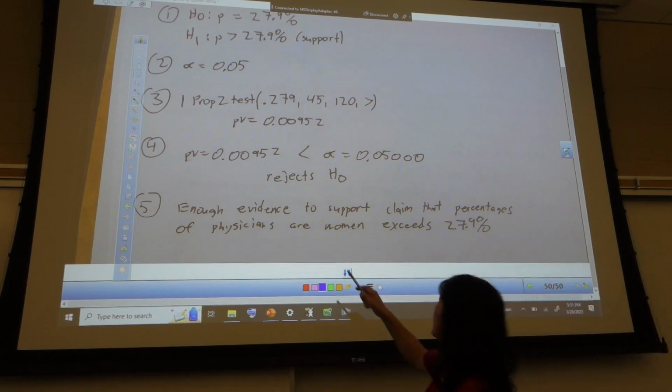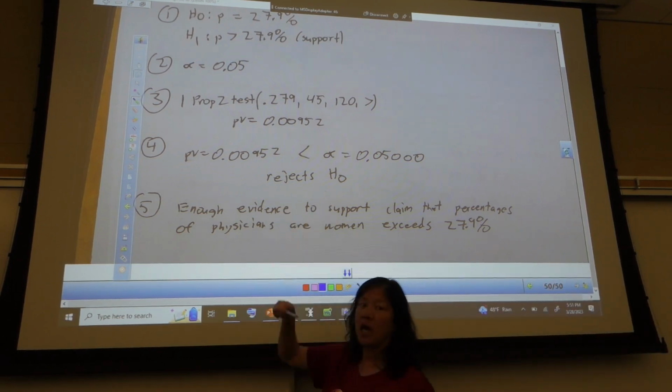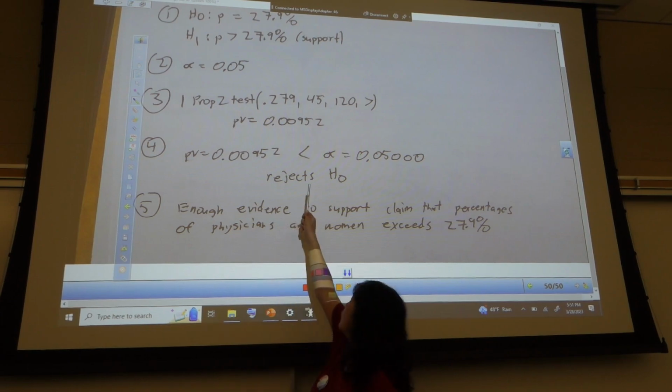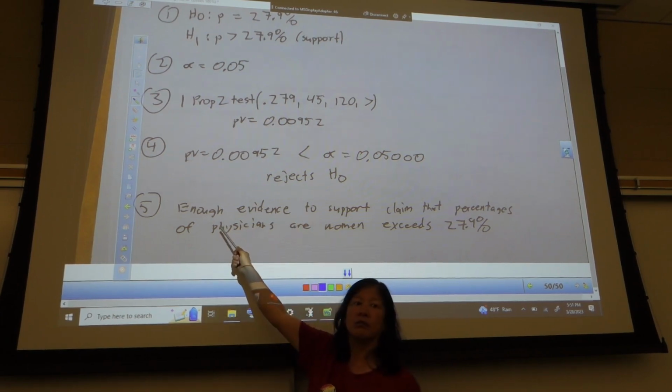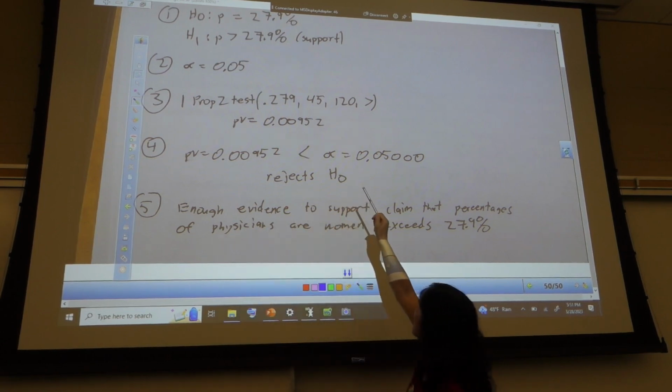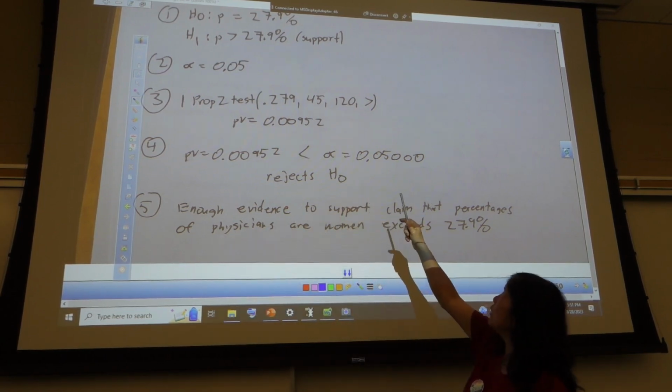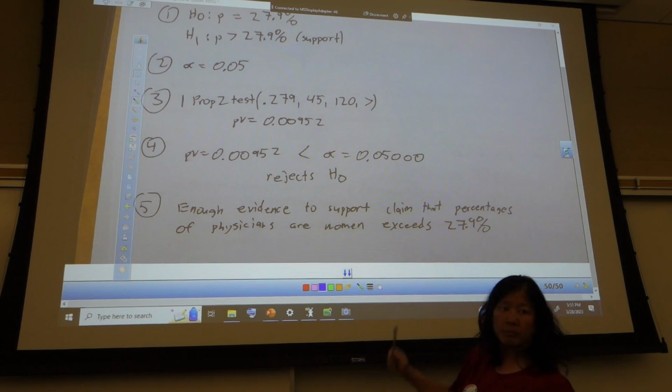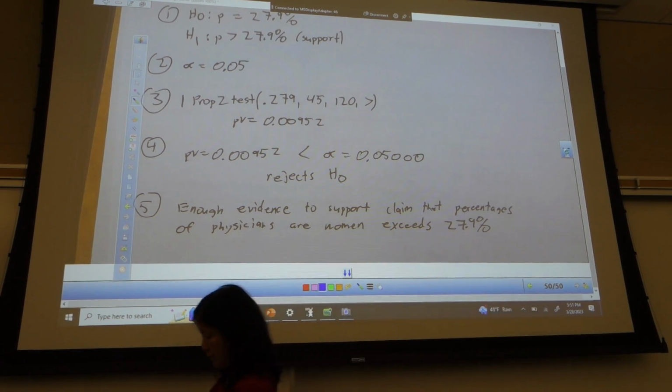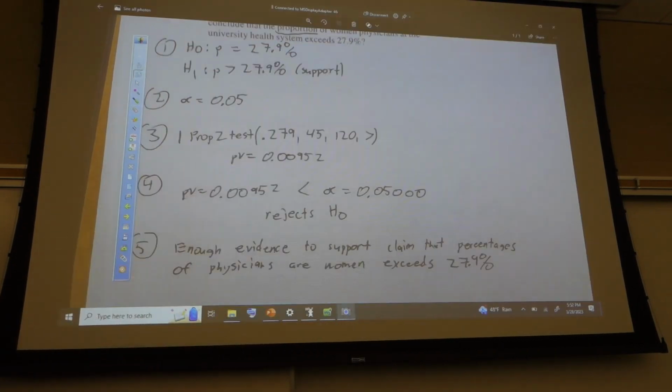So again, because this is alpha or less, it's unusual, which means we reject the null hypothesis, which means we have enough evidence. And like you did in the first step, because our claim is H1, that supports our claim. Great.